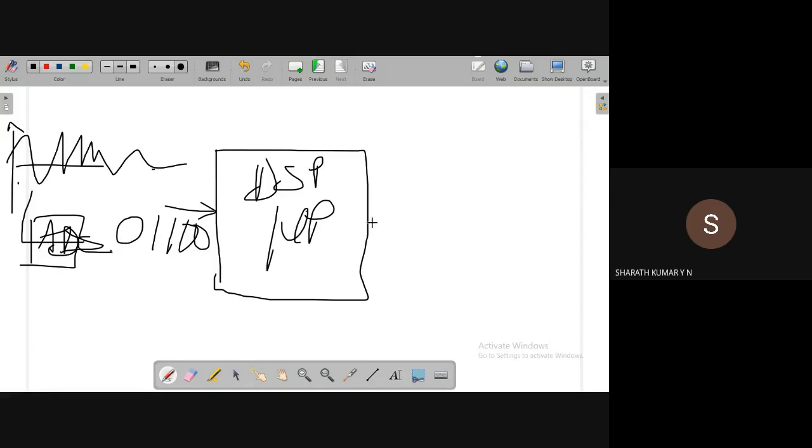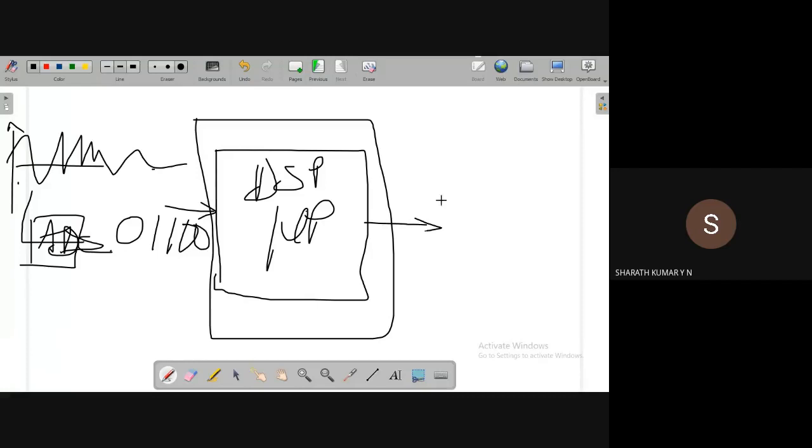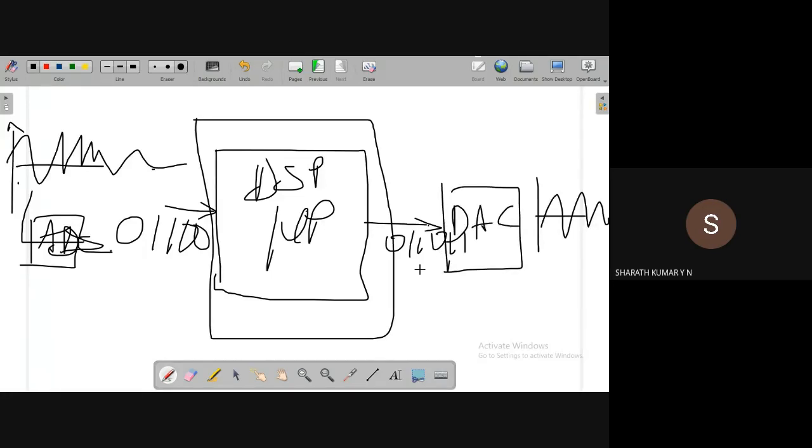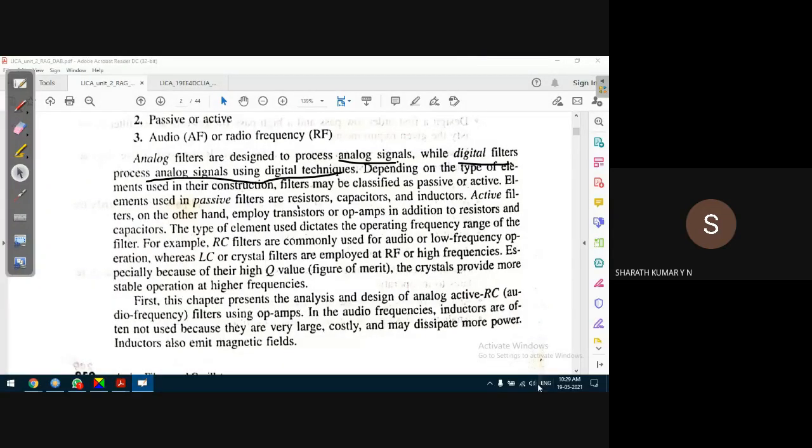The output of a digital filter is digital in nature, that is zeros and ones, so this again has to be converted into analog signals using a DAC, digital to analog converter. But if you make use of only analog filters, we don't require these converters, because they can handle the analog signals straight away.